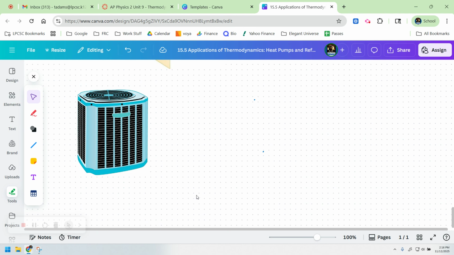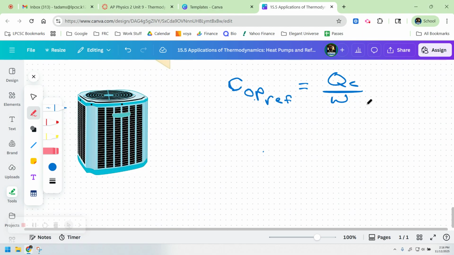Okay? Now for our air conditioner, the coefficient of performance for a refrigerator or air conditioner or some sort of refrigerator is actually QC over the work. Okay? Which makes it the complement of a heat pump.